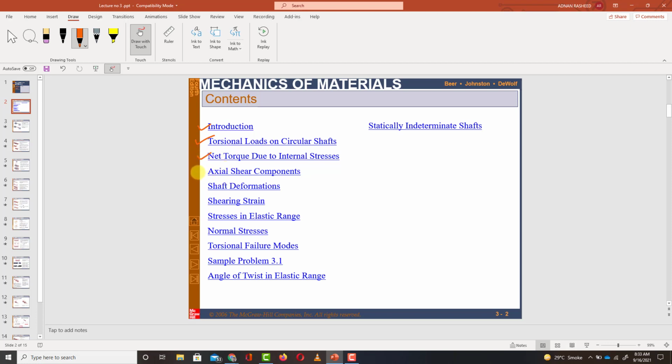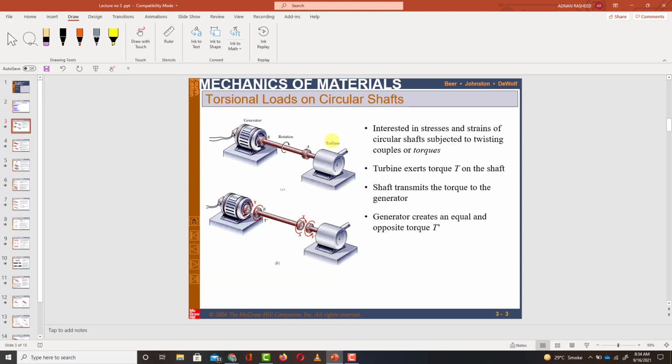We will then talk about axial shears component, shaft deformation, shearing strain, stresses in elastic range, then normal stresses that arise due to torsion, failure modes, then there is a sample problem, and then the last two topics are about angle of twist in elastic range, and then finally statically indeterminate shaft. So let's start with introduction.